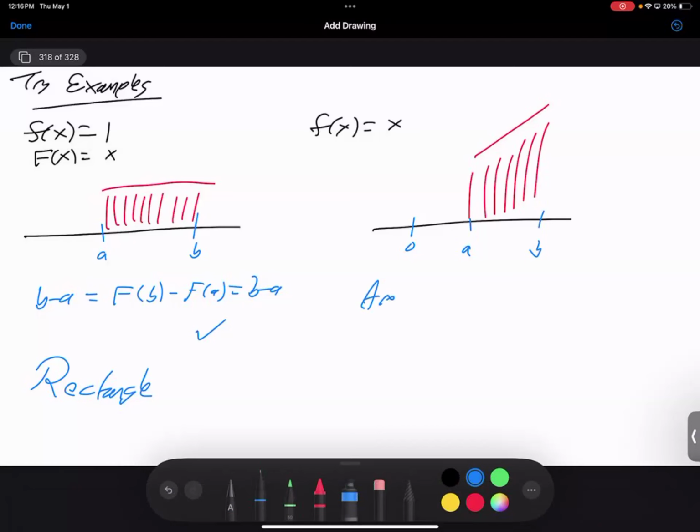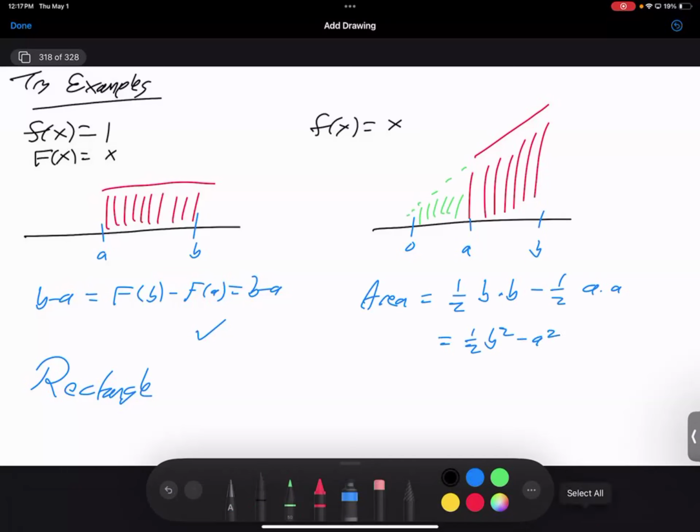The area is equal to 1/2 b times b minus 1/2 a times a, by just extrapolating and throwing away the green triangle. So I get the area is 1/2 (b squared minus a squared).